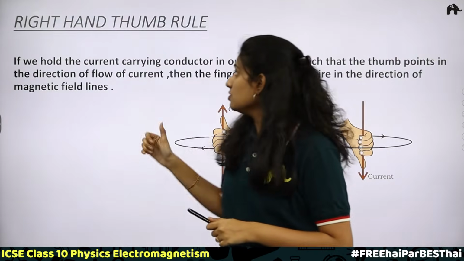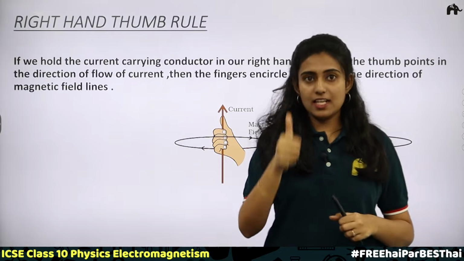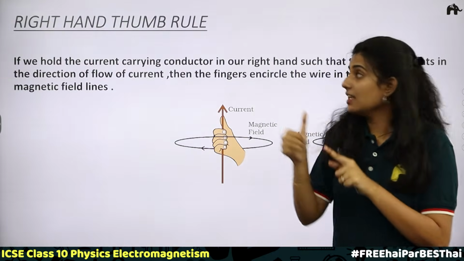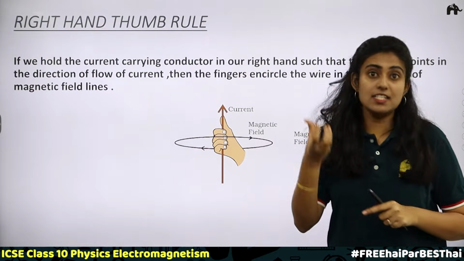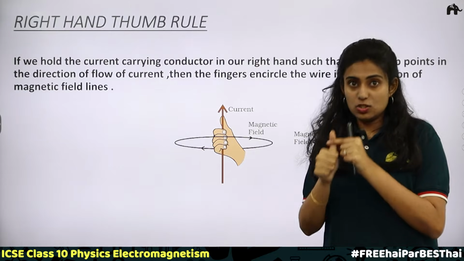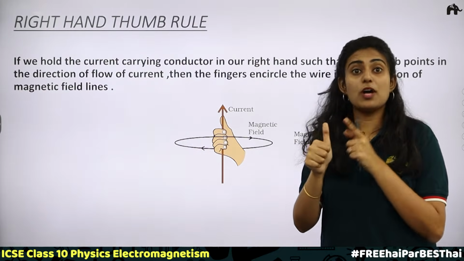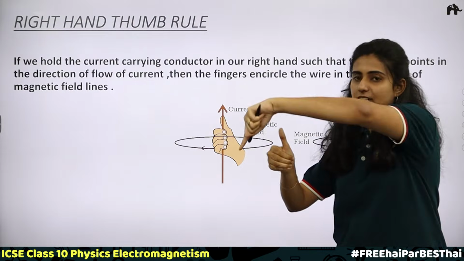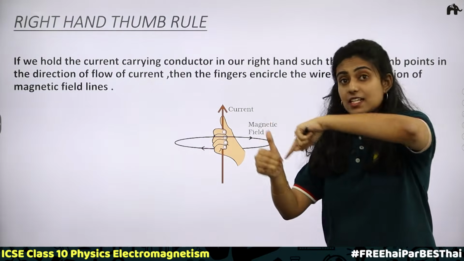You just need to use your right hand. In the right hand, you have to point the thumb in the direction in which the current is flowing through the conductor. The direction of flow of current through the conductor is shown by the direction in which you are holding your thumb. When you hold it in this way, the fingers encircle around the thumb.